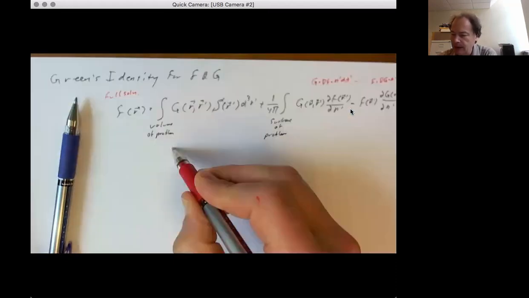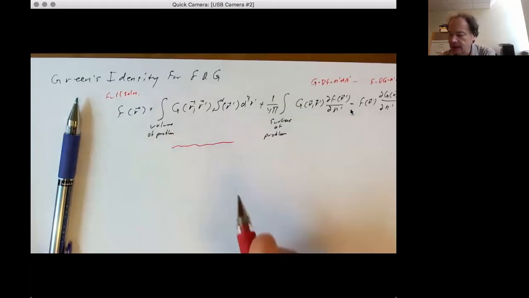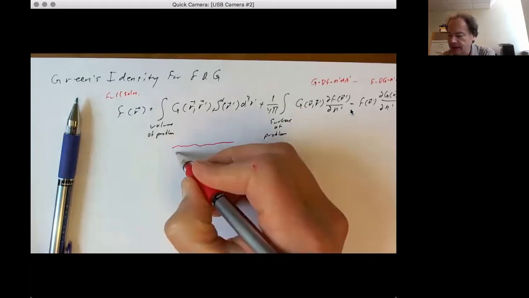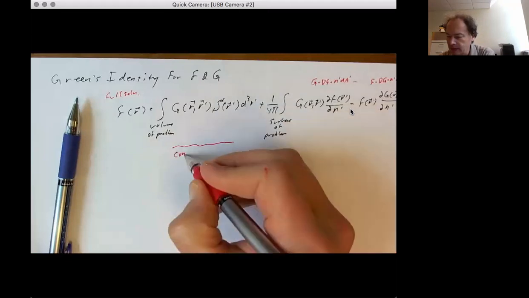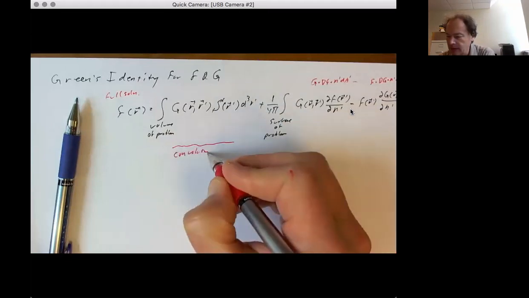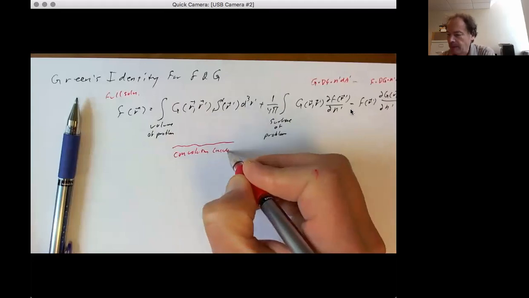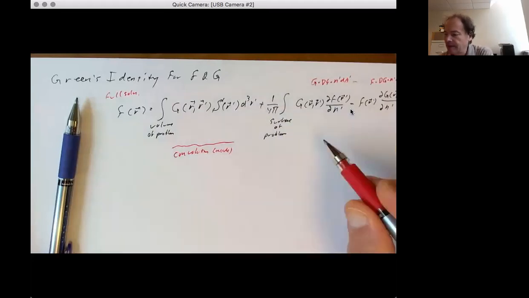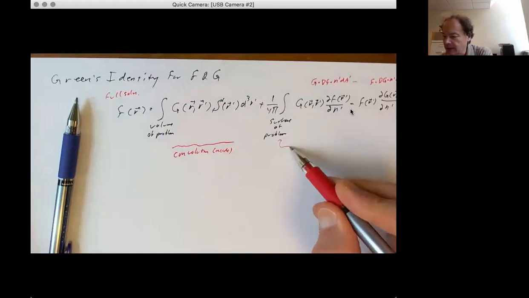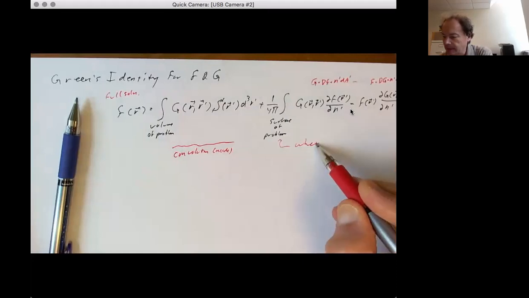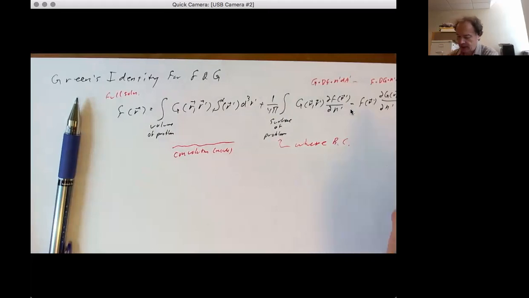This sort of gets it. This is inside our convolution, sort of the inside part. And this part here is the surface, and the surface is where we have the boundary conditions.